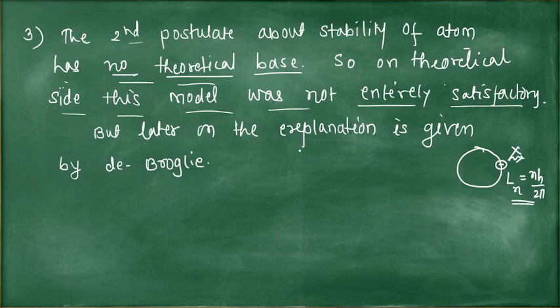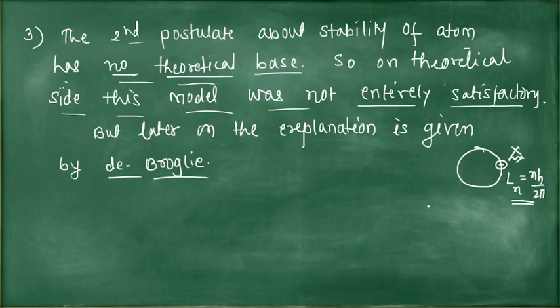But later on, explanation is given by de Broglie, another scientist who gave the explanation of this second postulate. He applied his postulate of wave particle theory for this electron and proved that angular momentum is nh upon 2 pi.